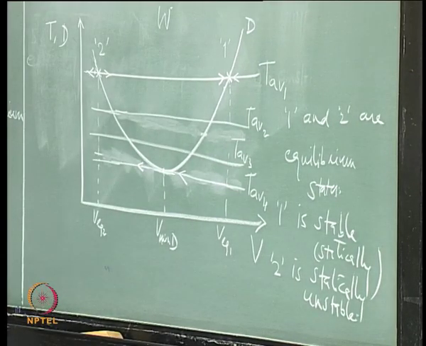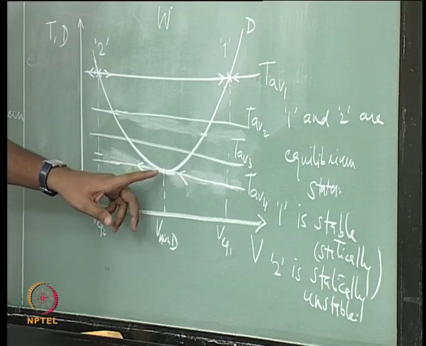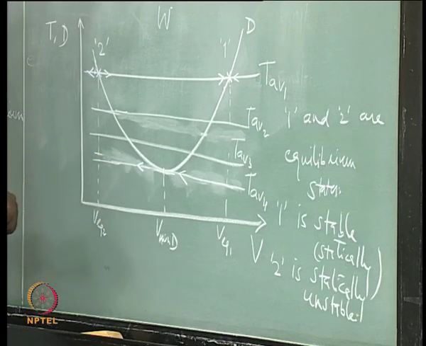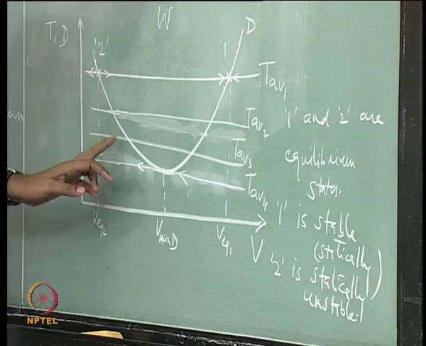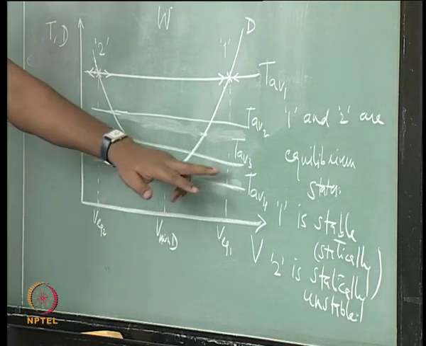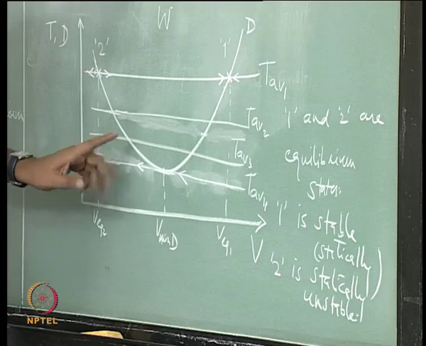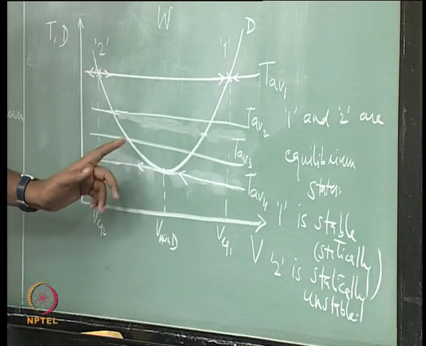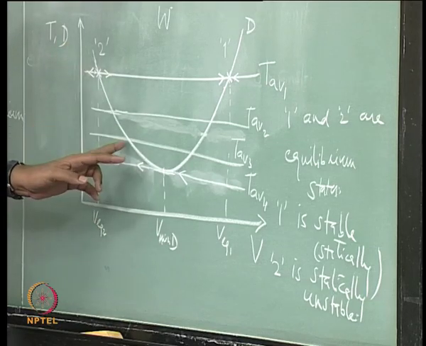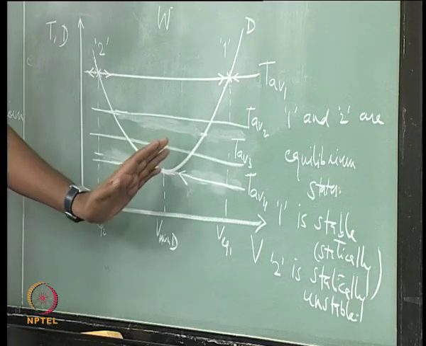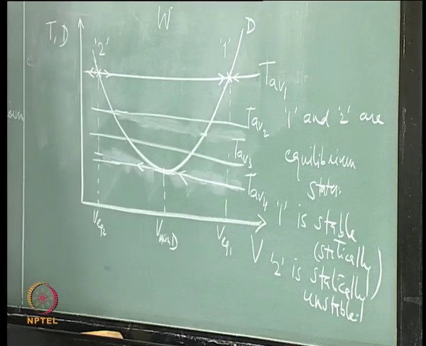So, this is a neutrally stable equilibrium state, and for any thrust available higher than the minimum drag, any equilibrium state on the back side of this curve is unstable and on the other side is stable.